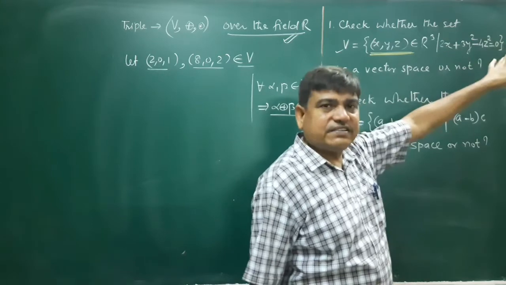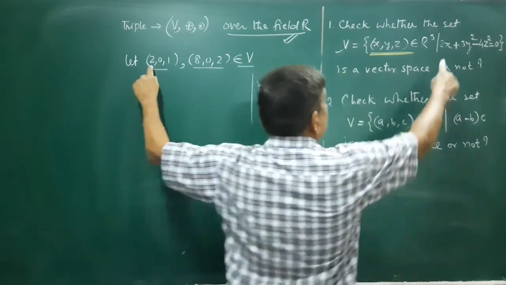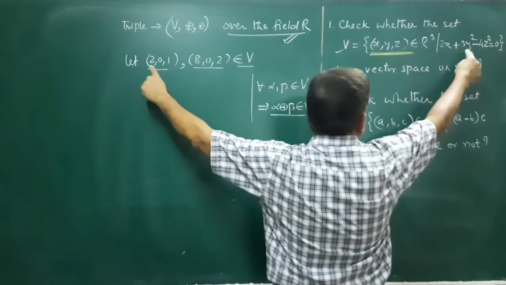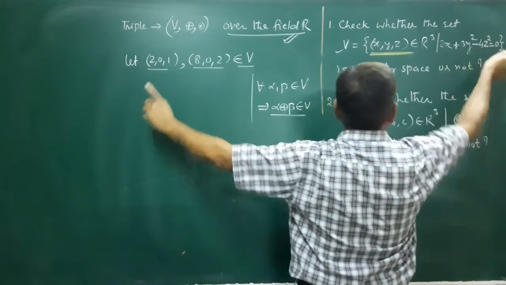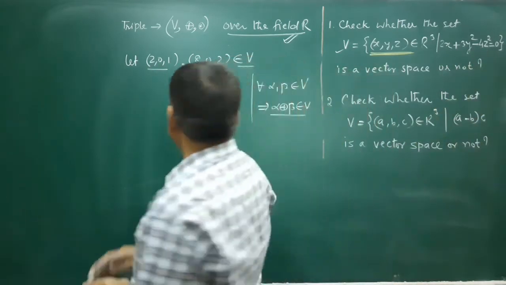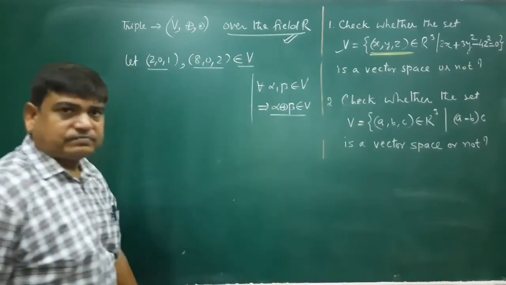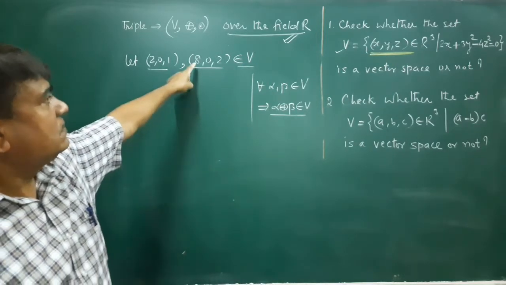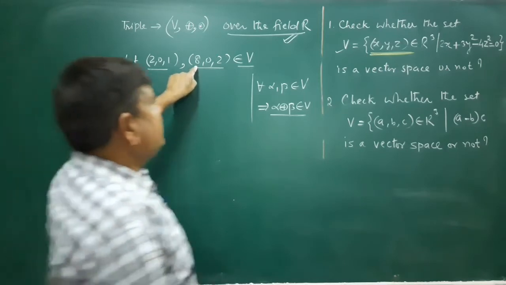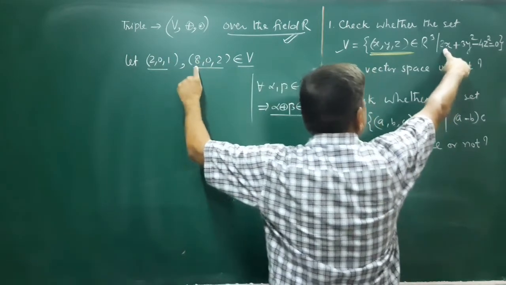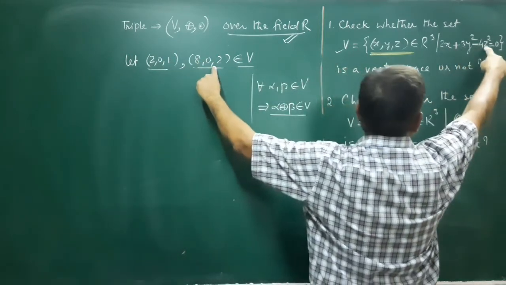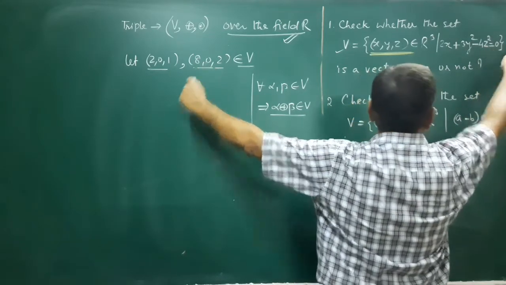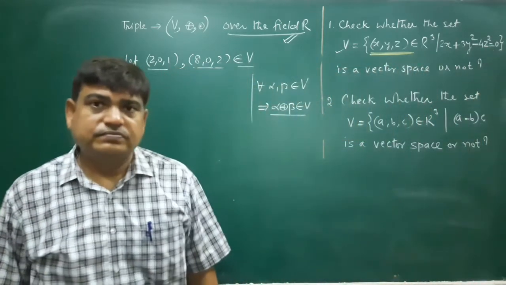So you just check. 2 into 2 is 4, this part is 0, z is 1, so 4 minus 4 is 0, so this point is a member of V. Next one, it is 8, 0, 2. This is also 0.